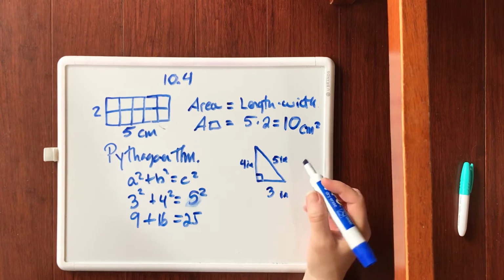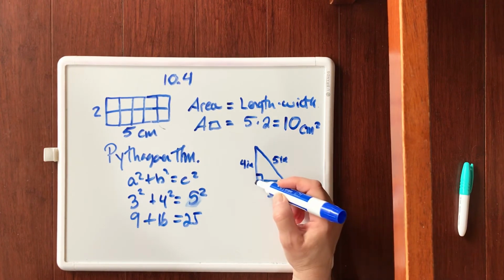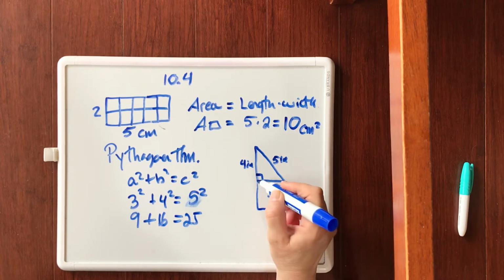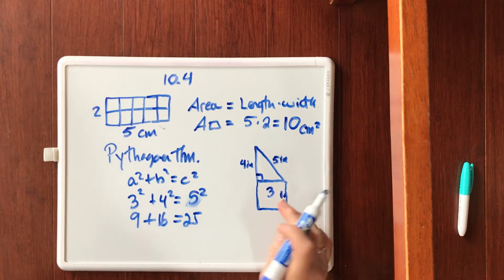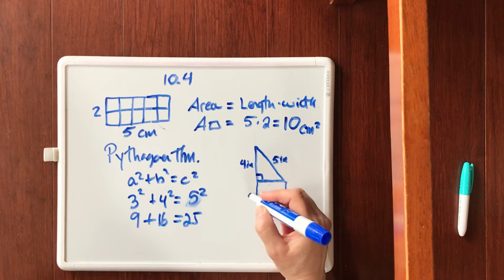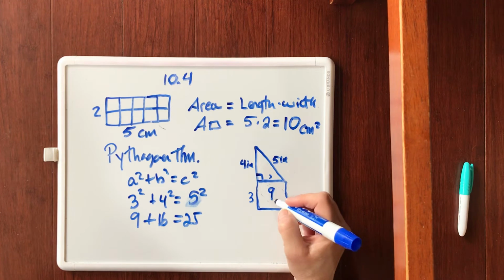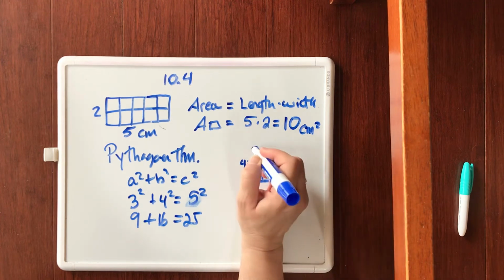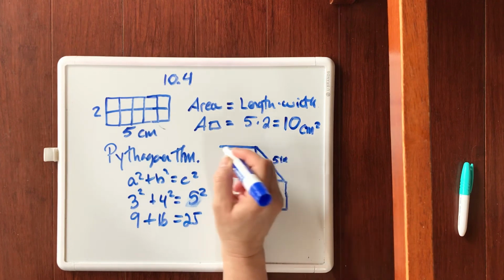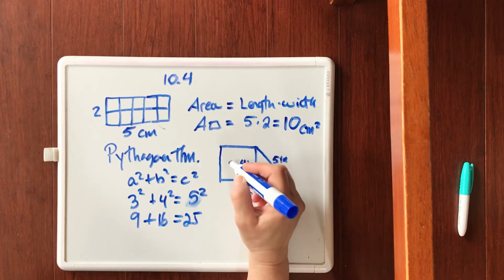Okay, so now let's look at this. We take this 3, this length, and we make a square out of it. So this is 3 inches, this is 3 inches. What's the area of the square? The area of the square is 3 times 3, which is 9 inches squared. If we do the same thing over here with this 4, and we make a square out of it, 4 times 4 is 16.